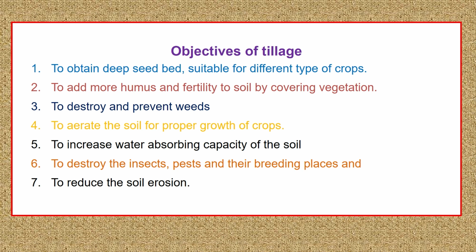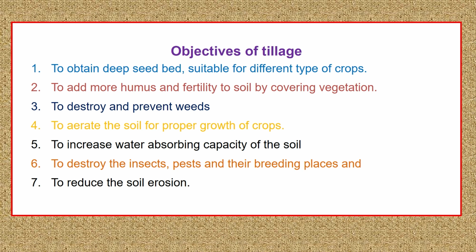It is also done to increase the water absorption capacity of the soil. Any soil which is loose enough will have more pore spaces. The pore spaces will hold more water, and that's how the absorbing capacity of the soil is increased. Compacted soil will have less pore space, and that's why it retains less moisture or water.